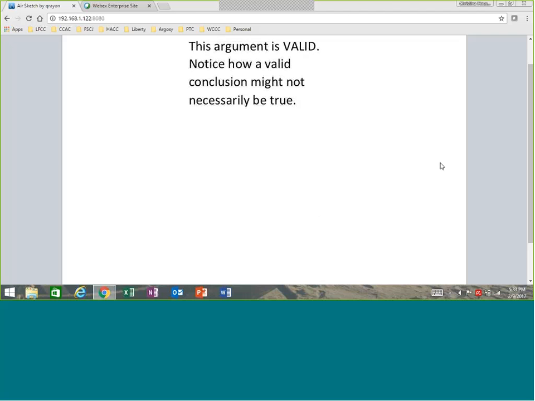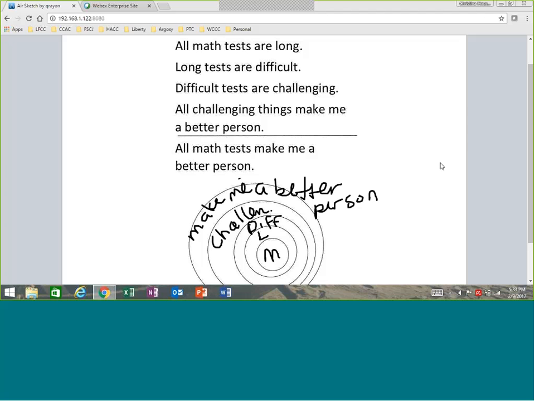Notice how a valid conclusion may not necessarily be true. I would hope that all math tests make you a better person, but you might disagree with that and think, no, that is not true. But it is a valid argument because this conclusion is based on and supported by these 4 sentences. So even though the conclusion may or may not be true, it really doesn't matter.